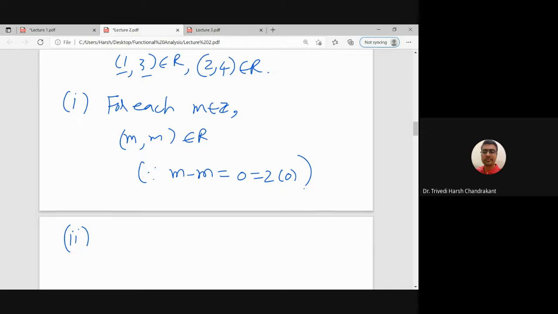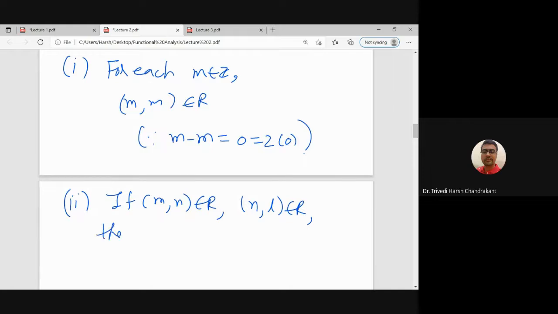Second thing is, if (m, n) belongs to R and (n, l) belongs to R, then what we get? We get m minus n is 2k for some k, n minus l is 2m.